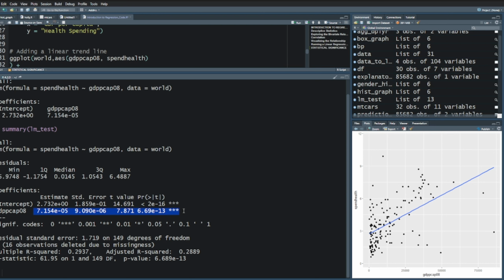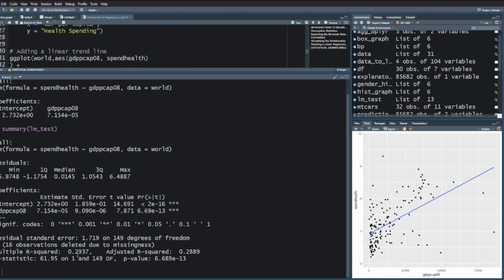But there's obviously something wrong with this model, because if you look at our R squared, how you interpret this R squared is very, very important. The R squared is simply telling us how much of the actual relationship between GDP per capita and health expenditure is explained by this model.